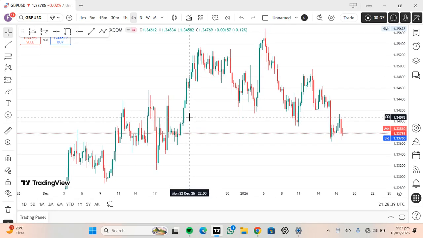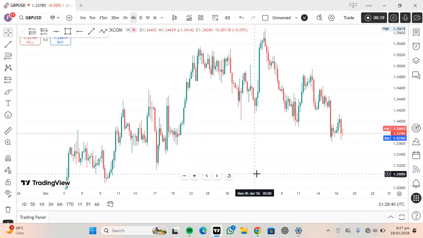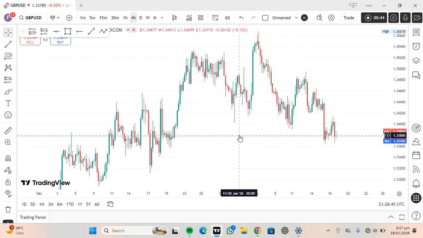What we are going to be doing tonight is called the top down analysis. The top down analysis is basically a concept that we traders use to find the direction, the bias or the trend of the market.